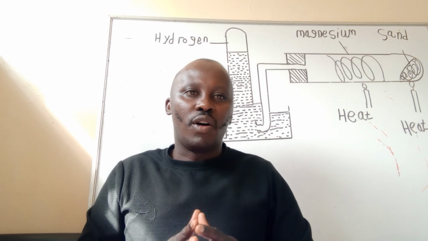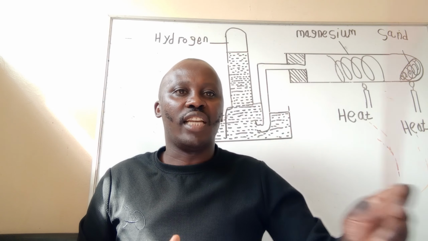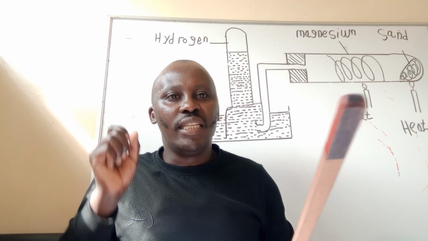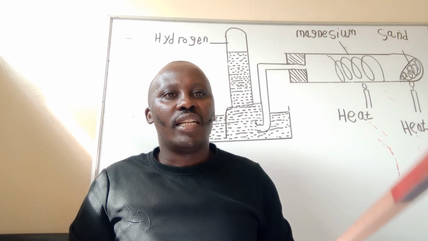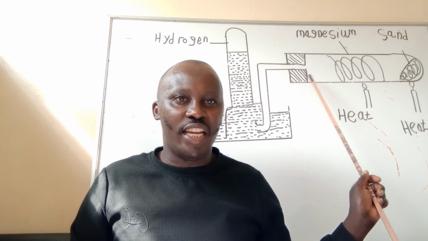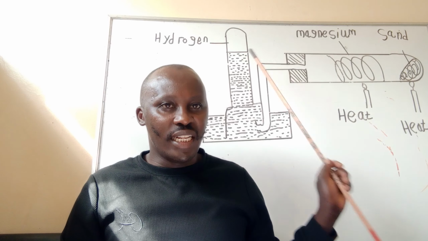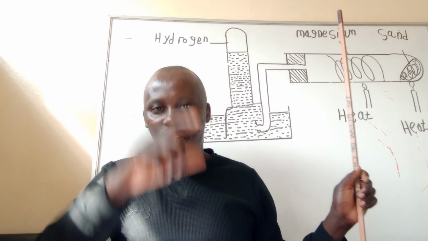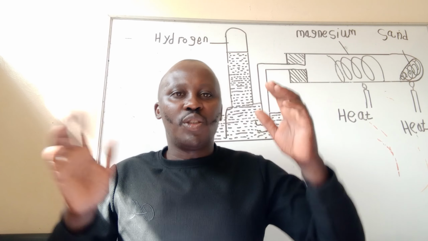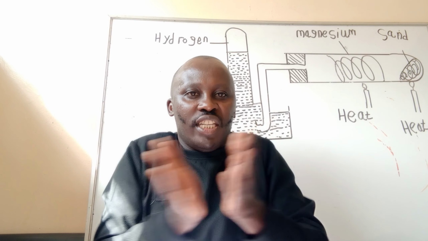As you can see on this diagram, we have the magnesium ribbon here, then we have the sand, then we have hydrogen gas being collected. In some cases, the gas will not be labeled to you as hydrogen gas.